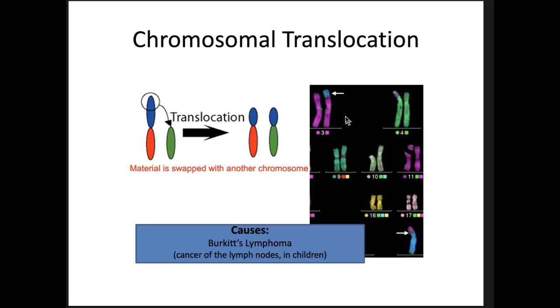And this is not a good mutation. As far as I know, there are no good outcomes for this kind of thing. Chromosomal translocation is one of the major forms of childhood cancer. I'm sure you've heard of babies being born with cancer and you're like, how is that possible? Here you go. Chromosomal translocation, that's how it can happen.